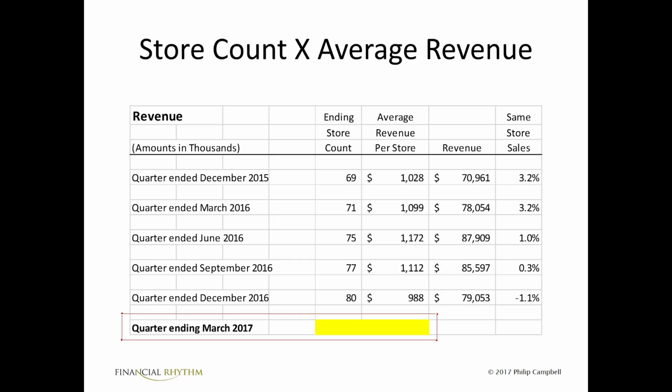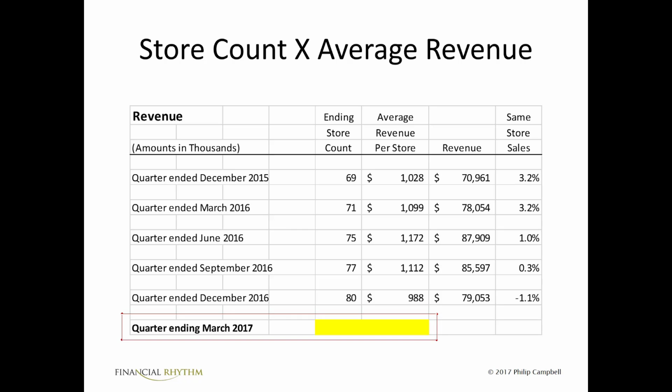What we're going to use for purposes of this little exercise, and what I've done in creating this model, is look at the store count at the end of a period. In this case, it's quarterly because they're a public company and they file their financial results quarterly.